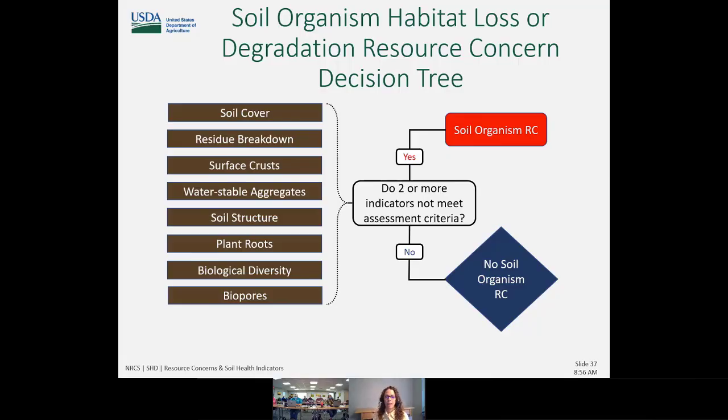If the answer is yes, then you have identified a soil organism habitat resource concern. And if not, then there is no resource concern, and you would have met the criteria for most of those indicators.